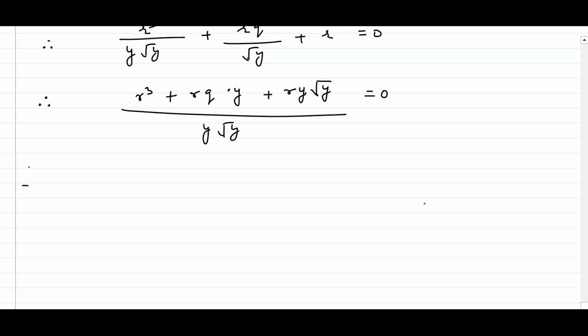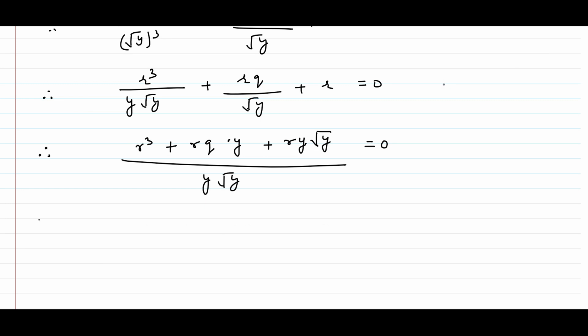So now further simplifying, it will give, that is, cross, r cube plus q r y is equal to negative r y root y.